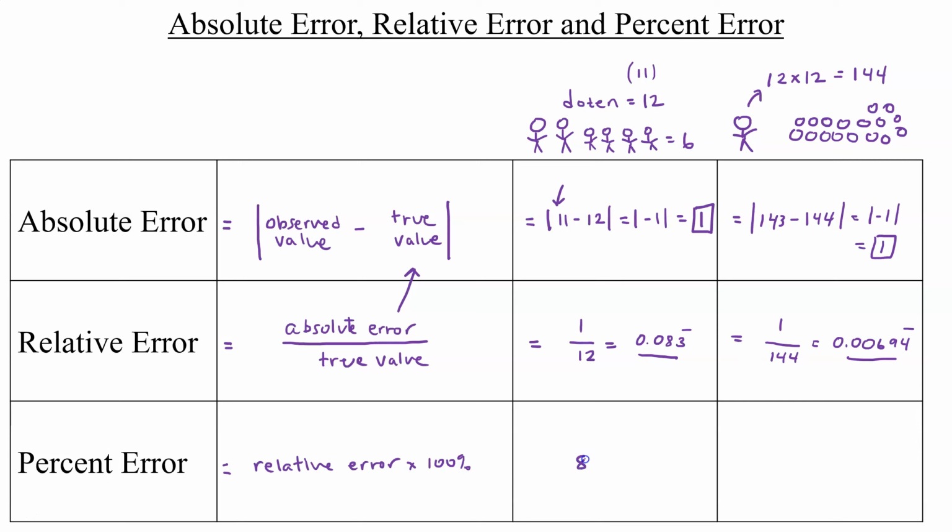That means move the decimal to the right, 8.3%. 0.00694 times 100%, 0.694%. So you can see same absolute error, but this situation where we were 1 donut short off of 1 dozen donuts is a much higher error than being 1 donut short off of 12 dozen donuts.